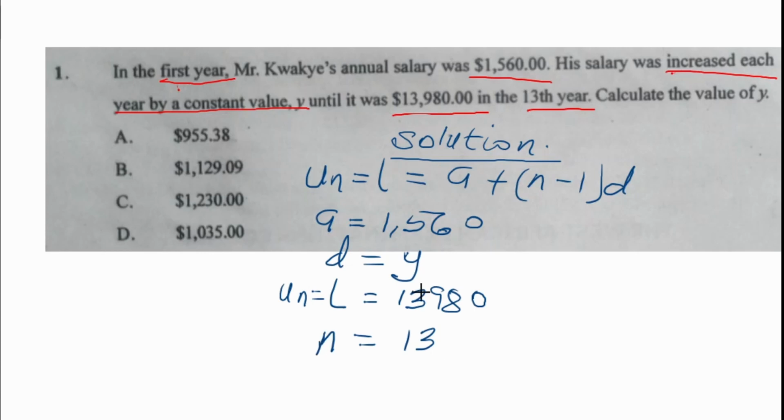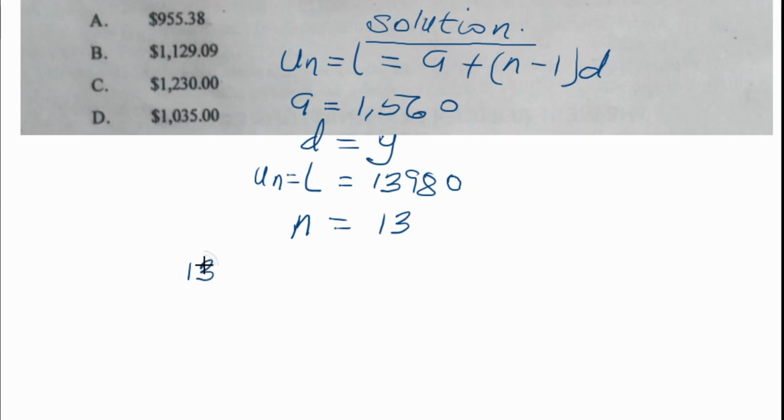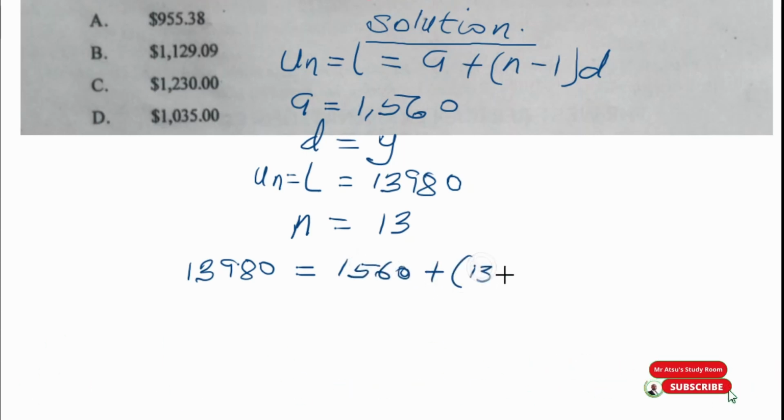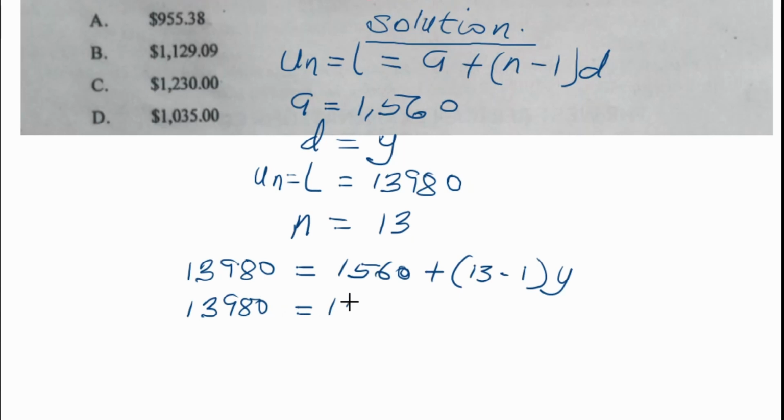Now we're going to substitute all of this into the formula, which will now give us 13,980 equals a, which is 1,560, plus n, which is 13, minus 1, d, which is Y. Simplifying further, you're going to have 13,980 be equal to 1,560 plus 13 minus 1, which is 12y.